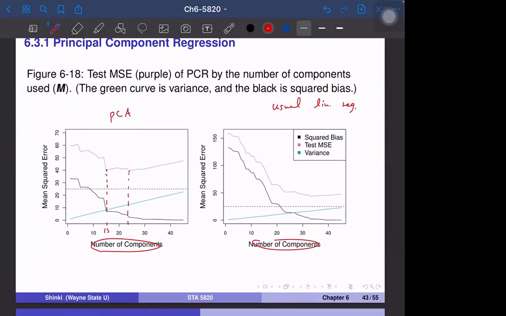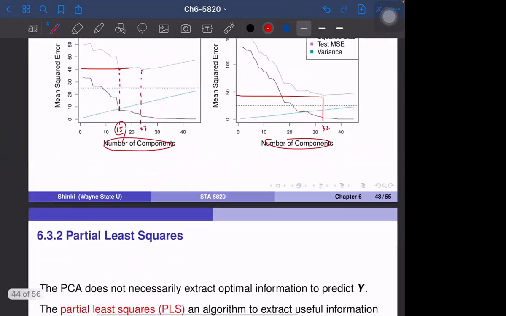This is about 15, this may be 23 or something. But if we don't use principal components, then the best point is around here, 32 or something. So we can choose a much smaller number than the number of coefficients, and still the performance is almost the same, maybe even better for this one. So principal component analysis works better.